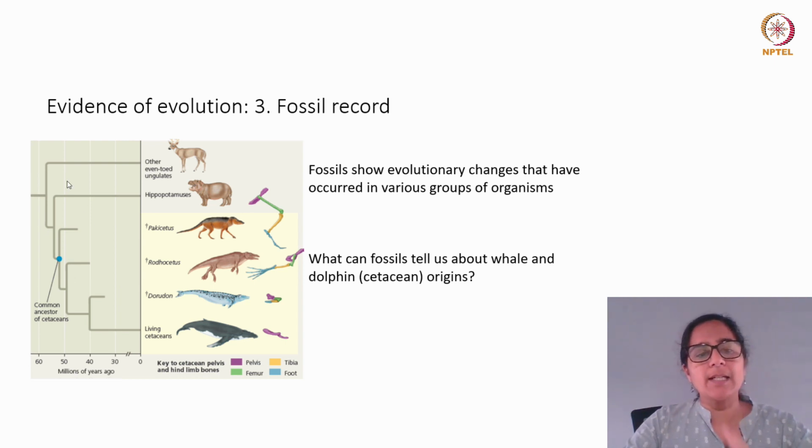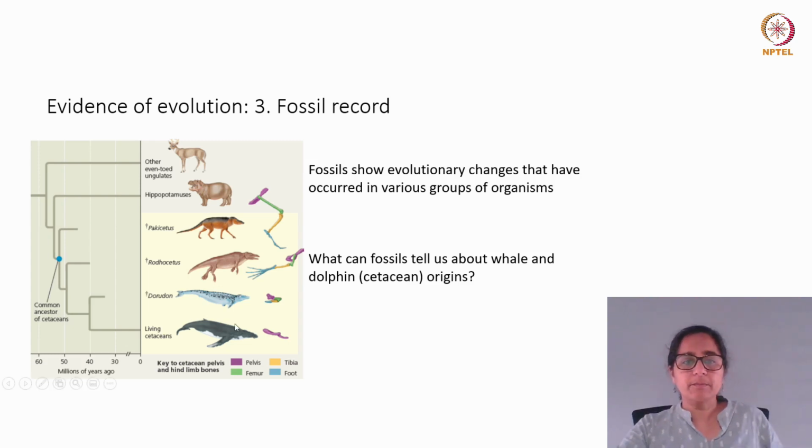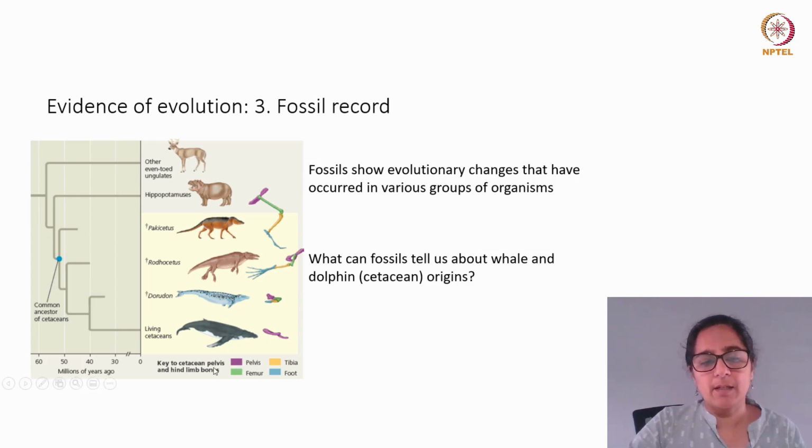That means that it describes the relationship between various organisms and what is the timeline by which they evolved. Okay, so this axis is millions of years ago. When did they evolve approximately, and what is their relationship with various other animals? Again, these are color coded in various animals here.